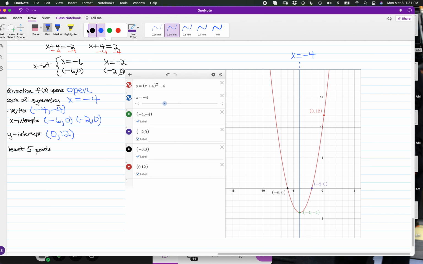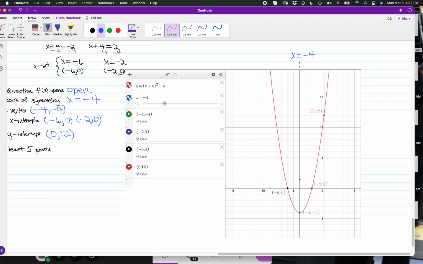What I mean by this is, if you notice, you have -4, -4, and both the left half and the right half should mirror each other with respect to the axis of symmetry. On the x-axis, -2, 0 is 2 spaces to the right, and -6, 0 is 2 spaces to the left.